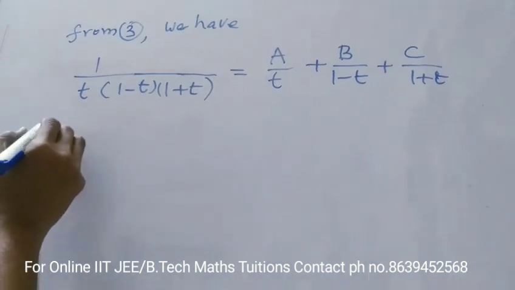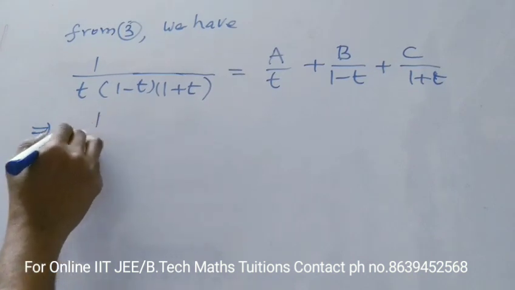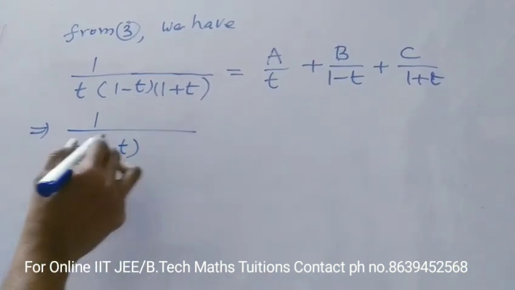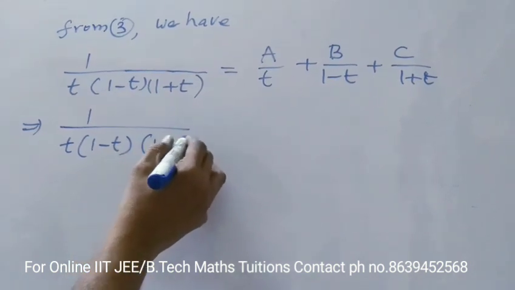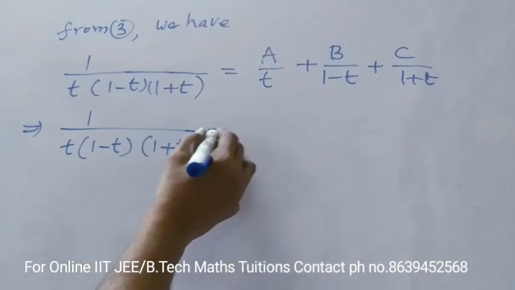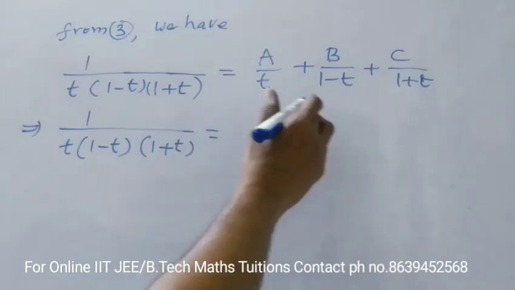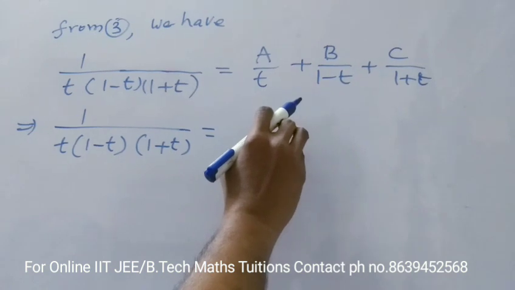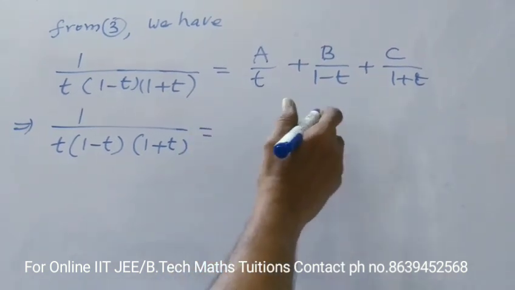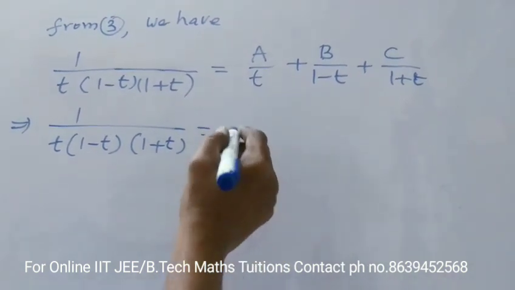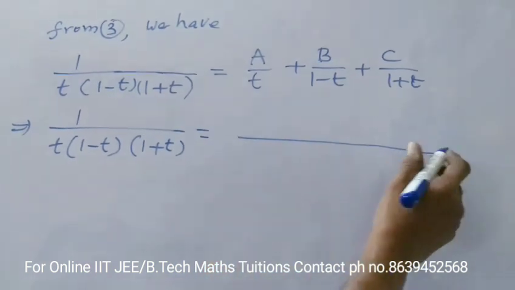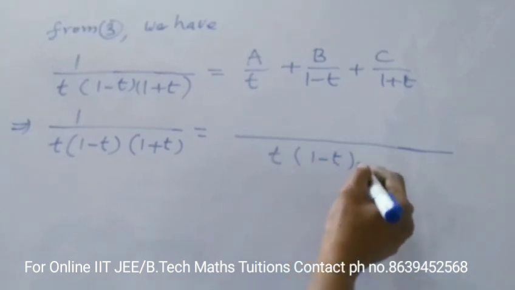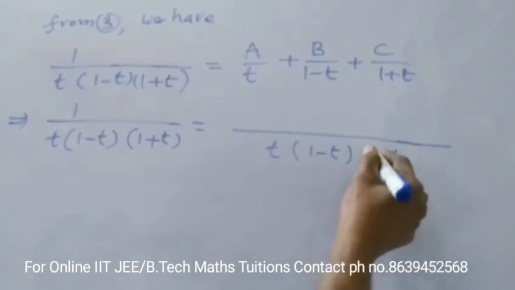So 1 by t of 1 minus t into 1 plus t is equal to, the LCM of these three terms, t of 1 minus t, 1 plus t.